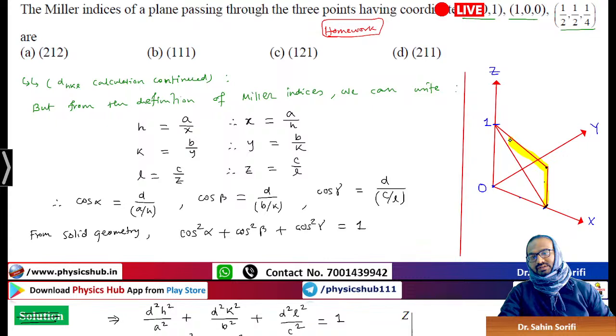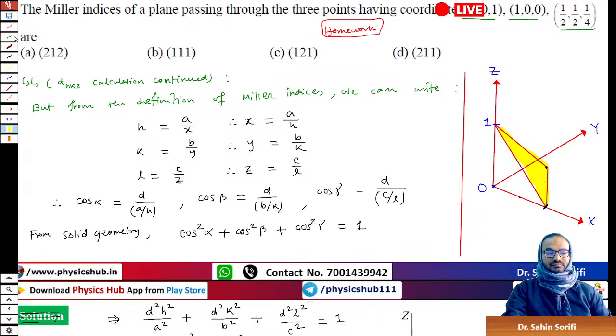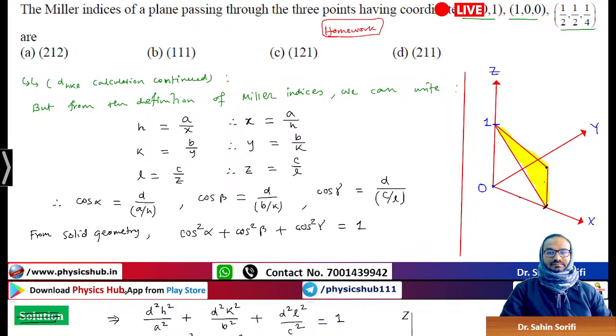So it is not cutting the y axis. You can take the equation of this plane.